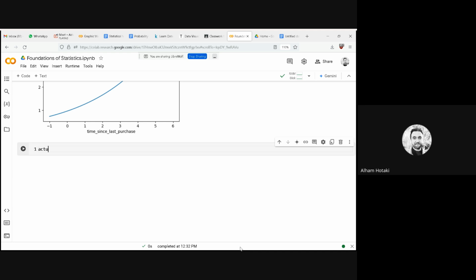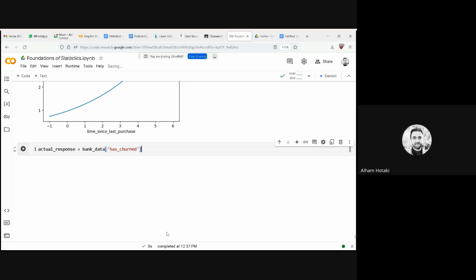For example, from the above model, we want to know how much actually churned. So it will be data, as churned.